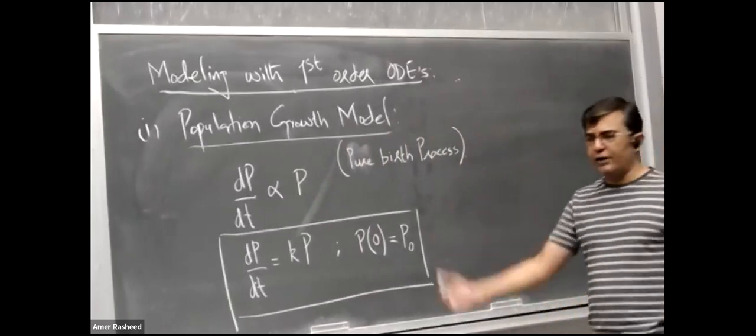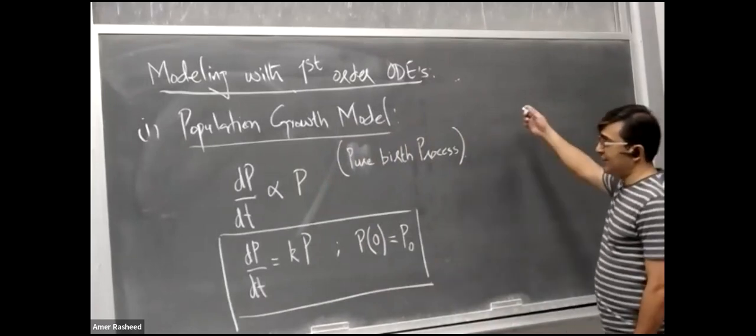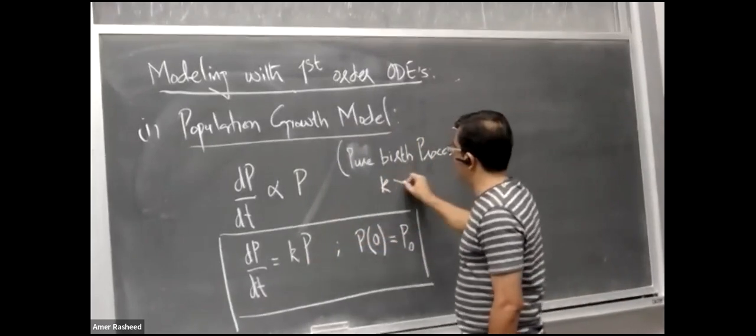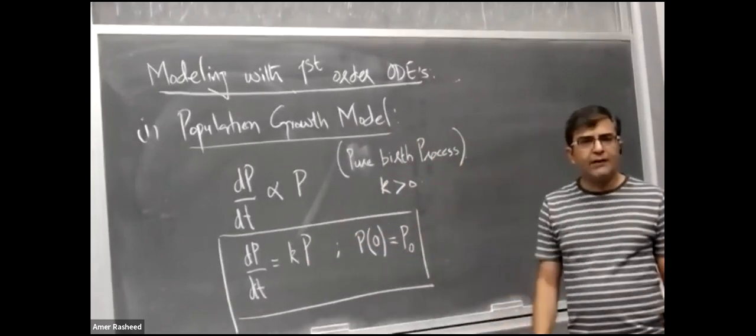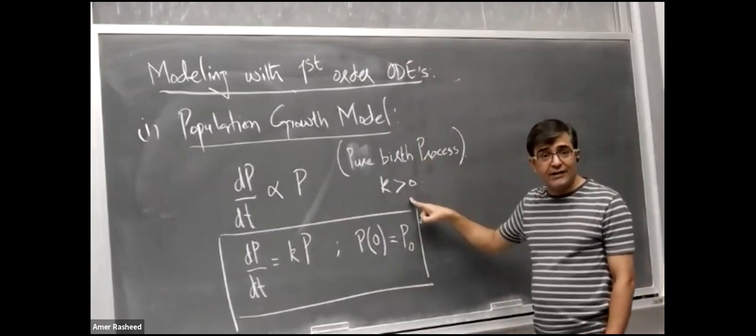Only the population is growing. Now, in this case, k must be greater than 0. Okay, in a pure birth process, k should be greater than 0.